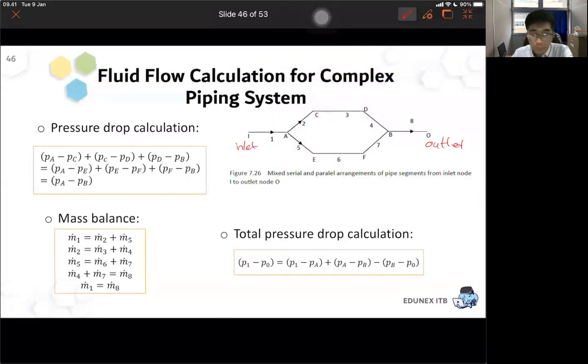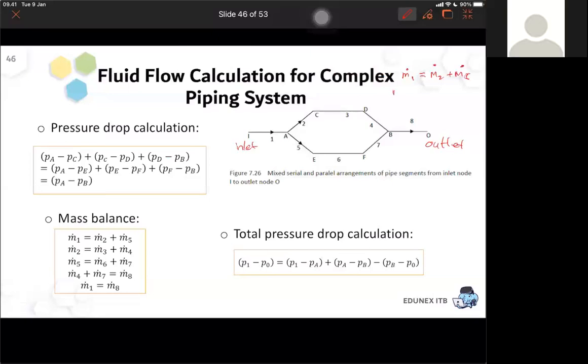Sir, for the mass balance, M2 equals to M3 plus M4, or M3 equals to M4, sir? Okay, from the mass balance, let's see. M1 will be equal to M2 plus M5. Yes.